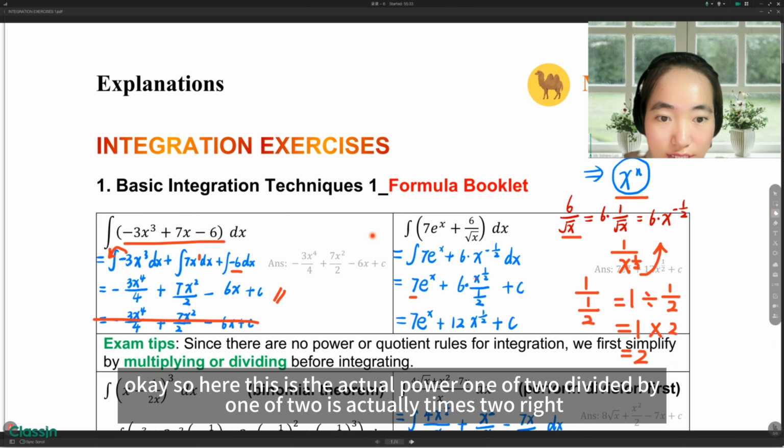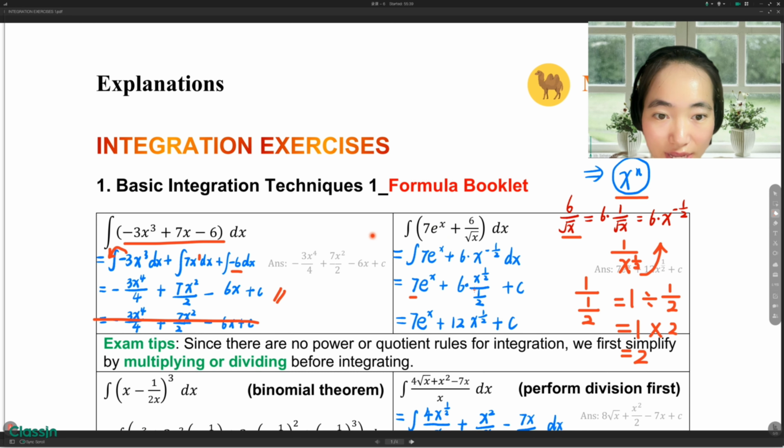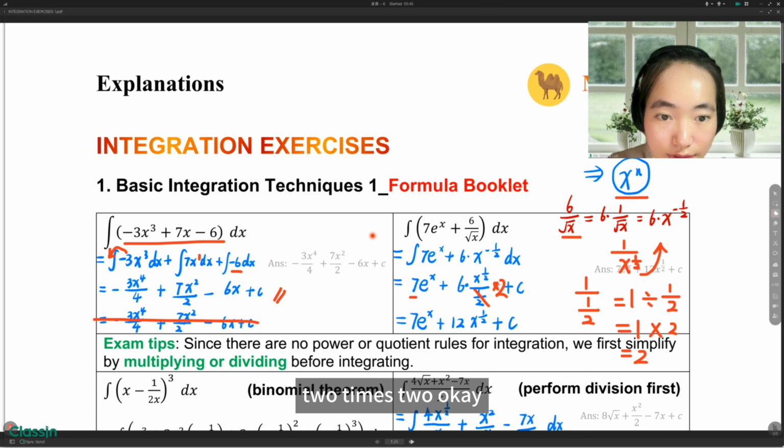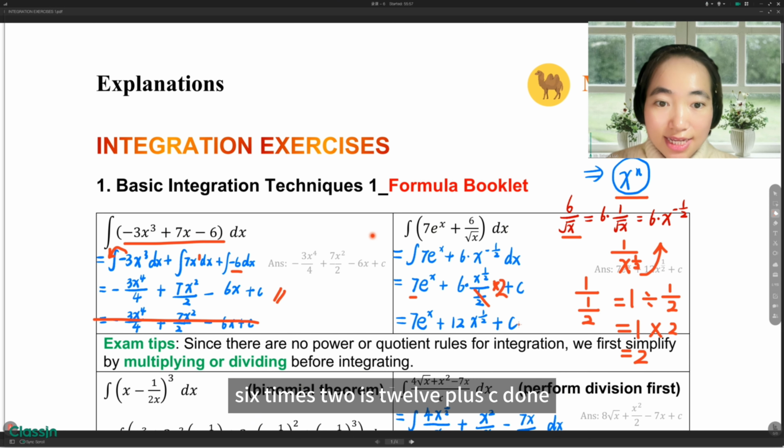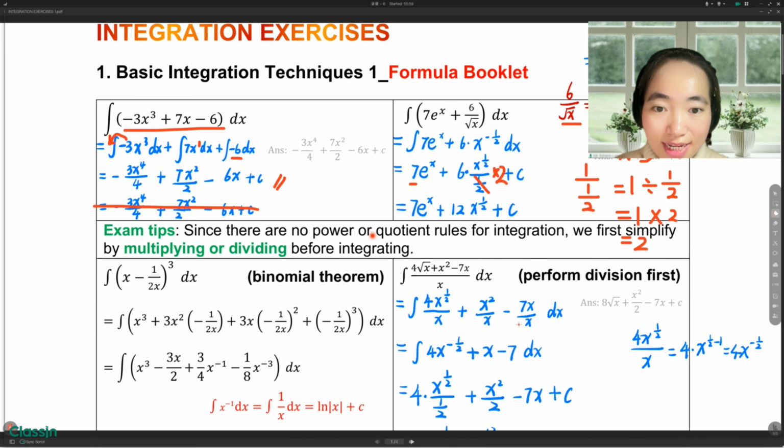So here, x to the power 1 over 2 divided by 1 over 2 is actually just times 2. Plus c. And then continue to simplify. It will be 7e^x the same, and 12x to the power of 1 over 2, because 6 times 2 is 12, plus c. Done.